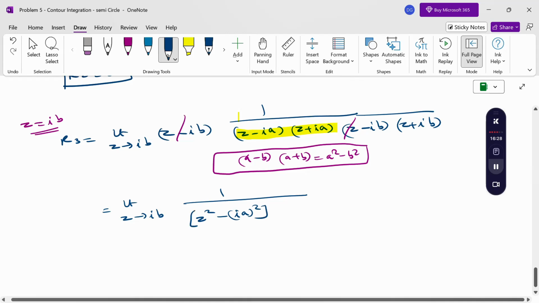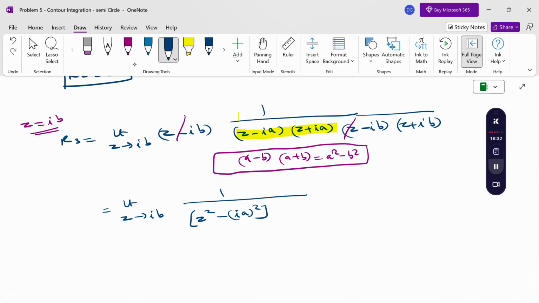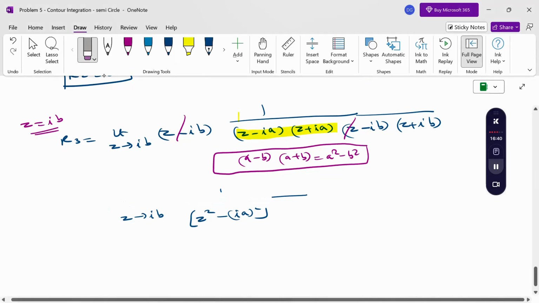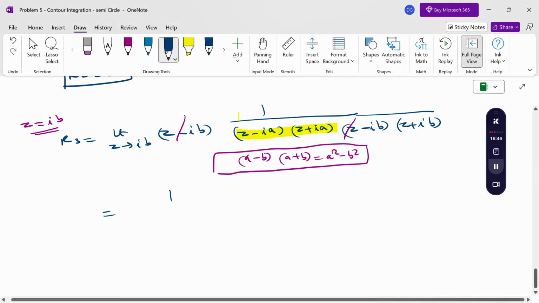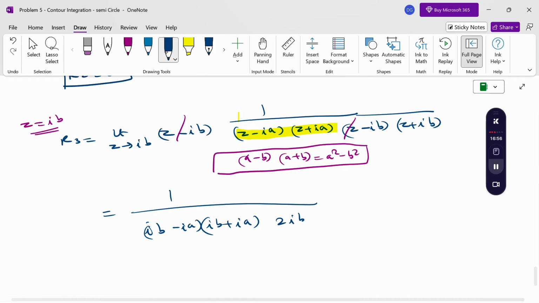When I substitute z tends to ib in the term z plus ia, therefore 1 by (ib minus ia)(ib plus ia), then ib plus ib is 2ib.